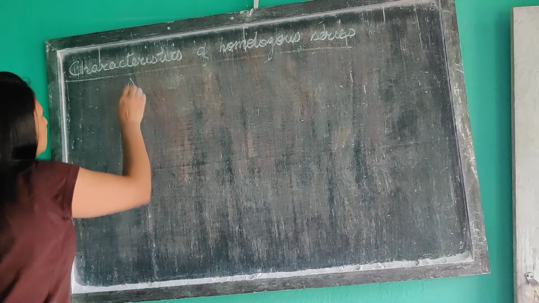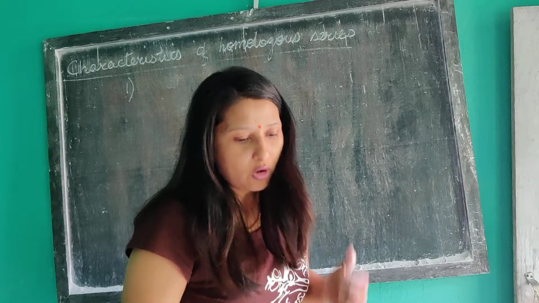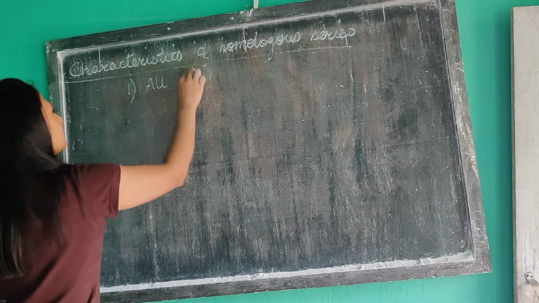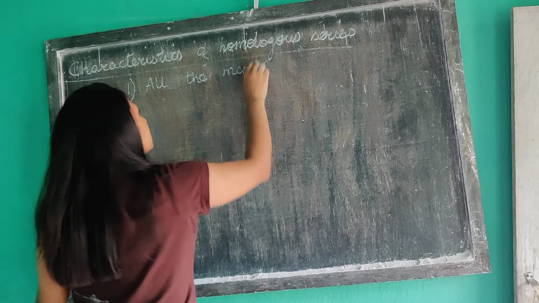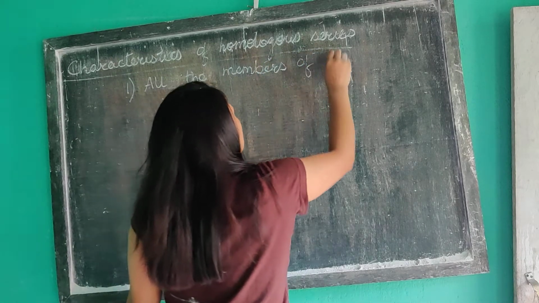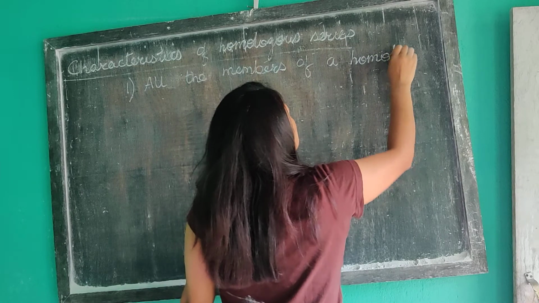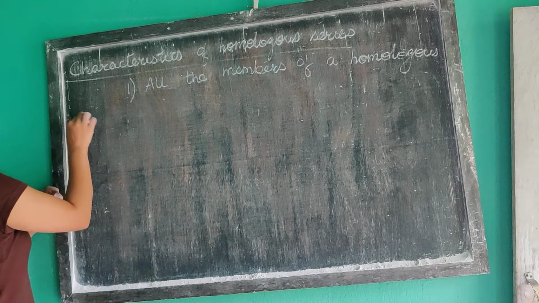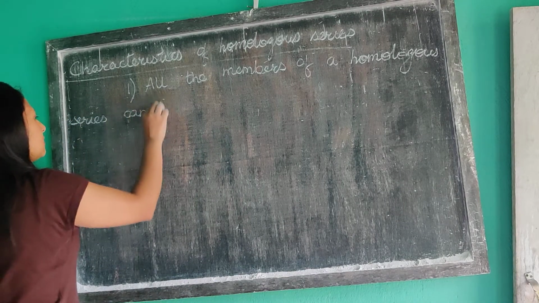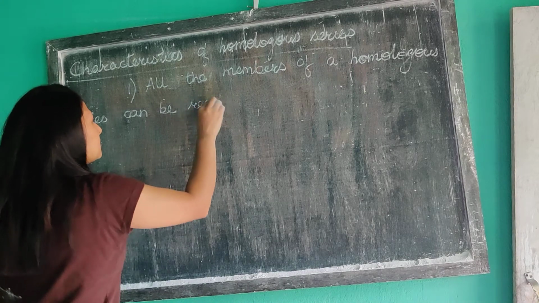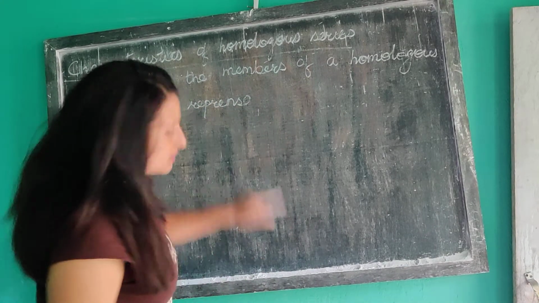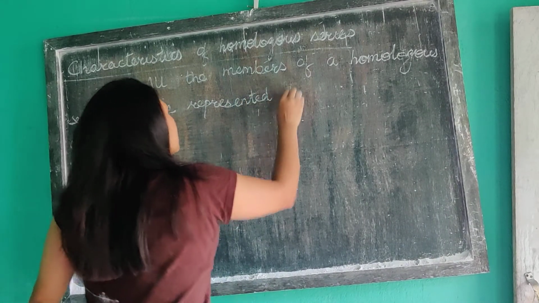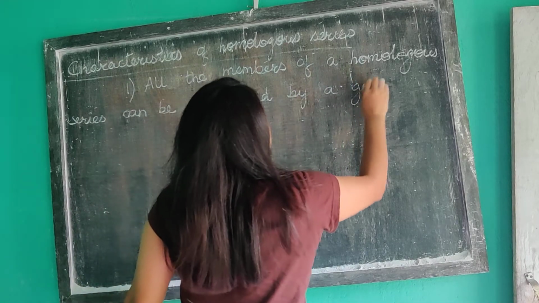The first characteristic of the homologous series is that all the members of a homologous series can be represented by a general formula.